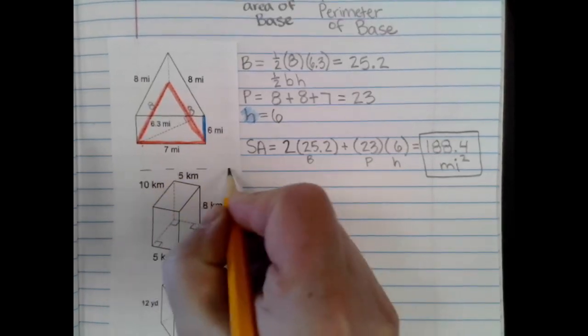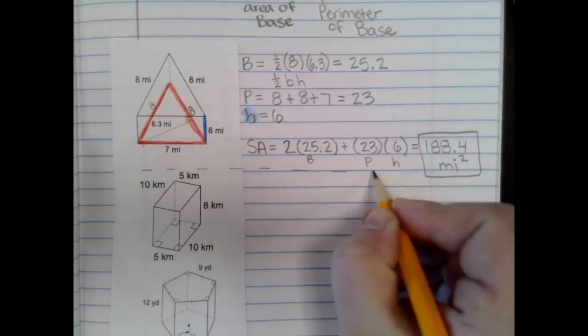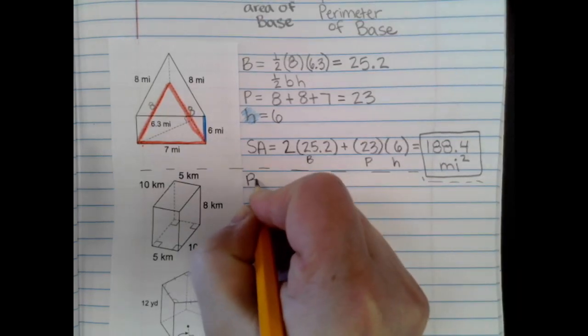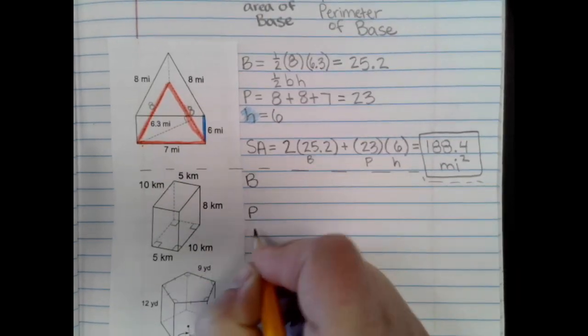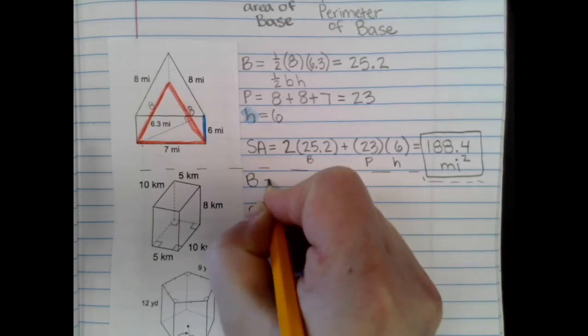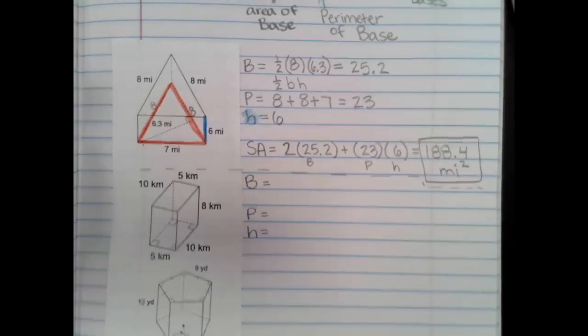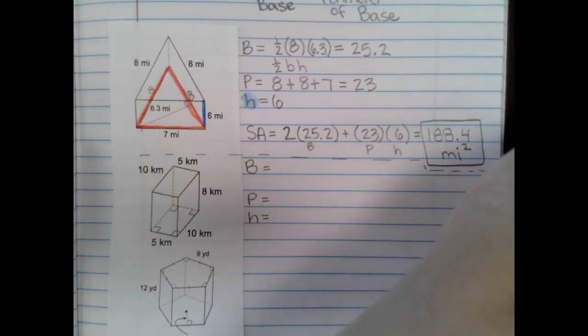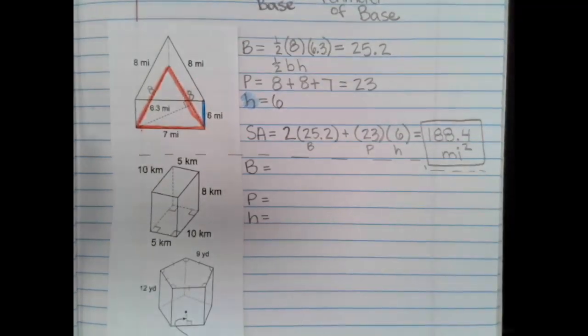These ones should go by a little bit faster because we're not going to explain quite as much. All right, so we need to find our capital B, our capital P, and our lowercase h. Those are 3 parts of our formula that we need to find every time for every prism. So for our base here, we need to figure out which rectangle we are going to have be our base.